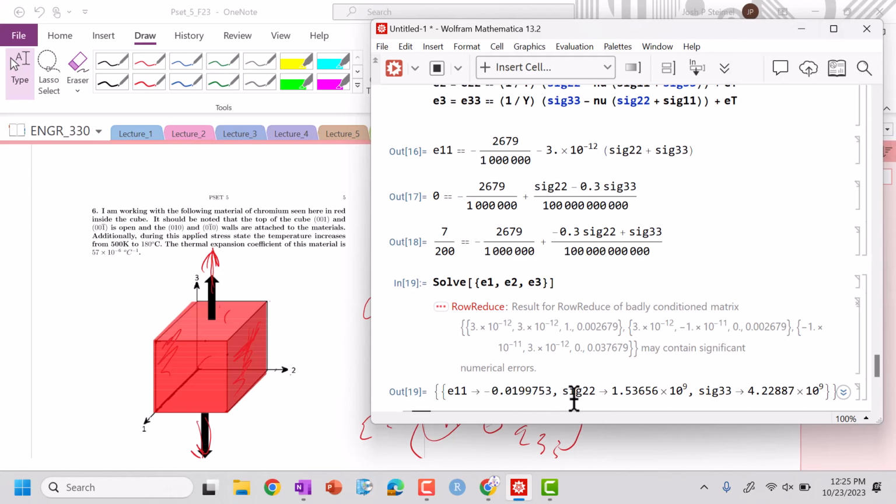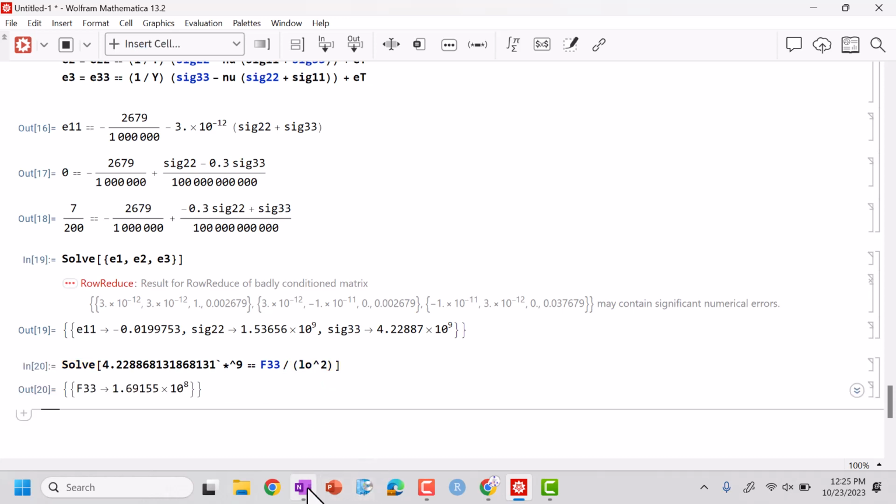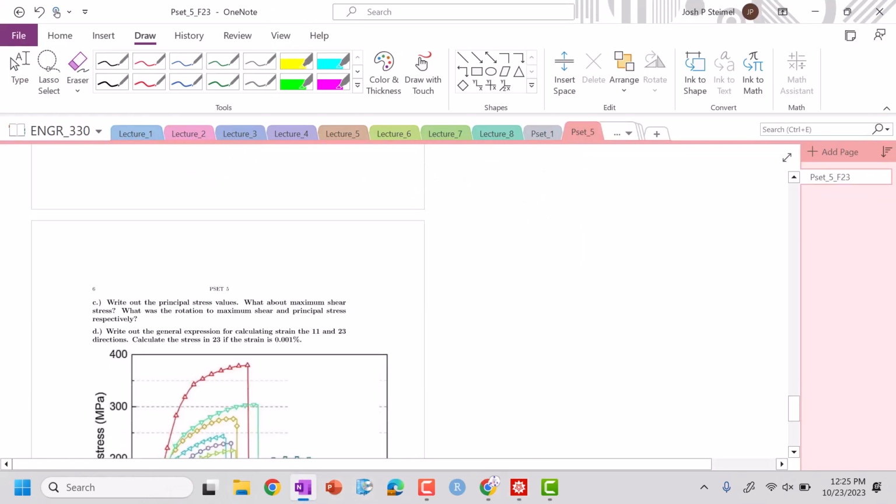A stress in the 2-2, which should be positive because it wants to resist that, and a stress in the 3-3 that's there. And we need to solve for the force. So it's going to be this equals force in the 3-3 divided by L0 squared, and that would be my force.